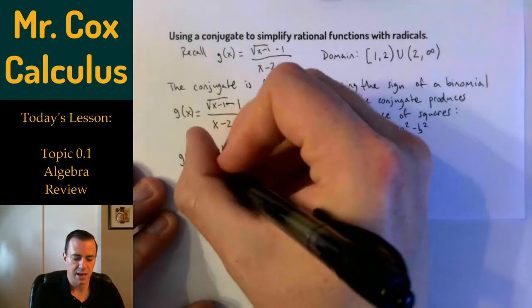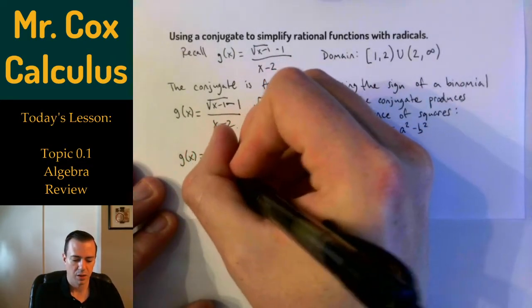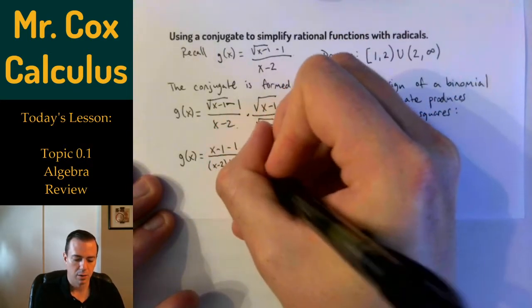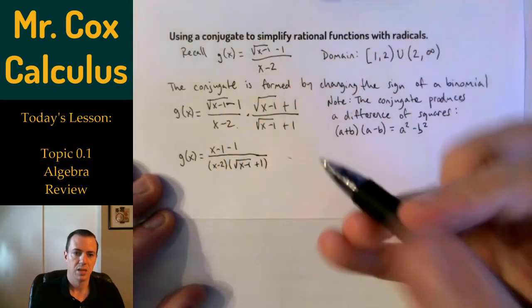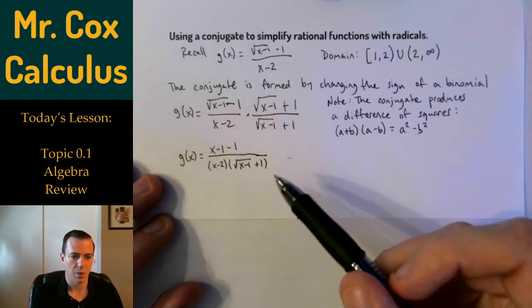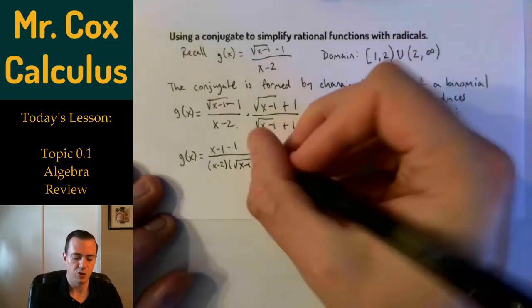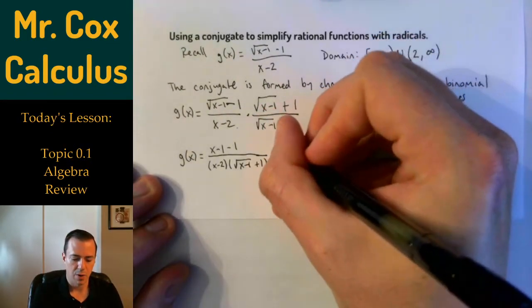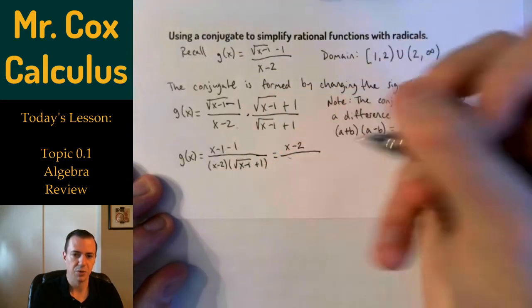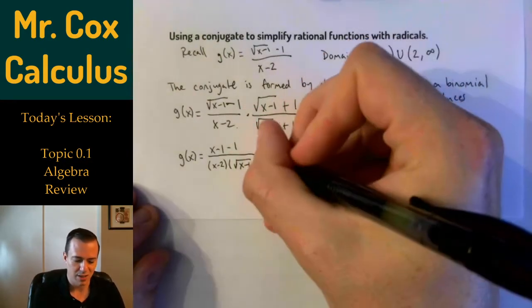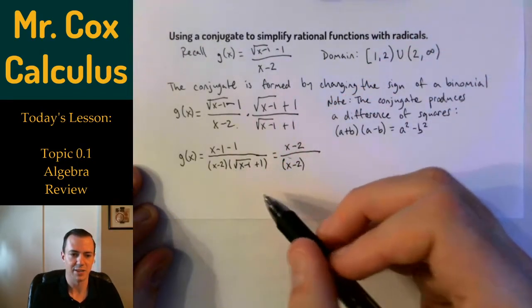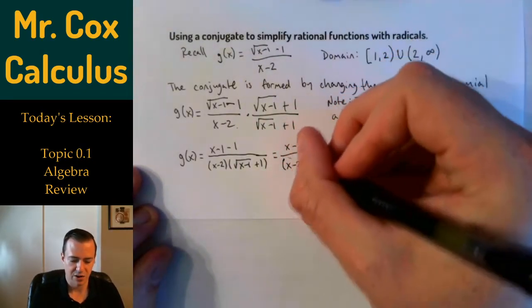And that is taking x minus 2 times the square root of x minus 1 plus 1. And some of you might be able to see what's going to happen here. I'm going to simplify the numerator by taking x minus 1 minus 1 and rewriting that as x minus 2. And the reason why I didn't want to do anything to this denominator is because this gave me x minus 2. And we'll address that in a moment.